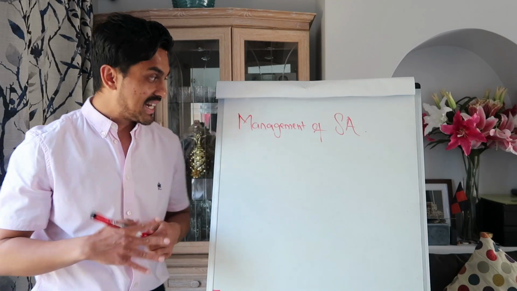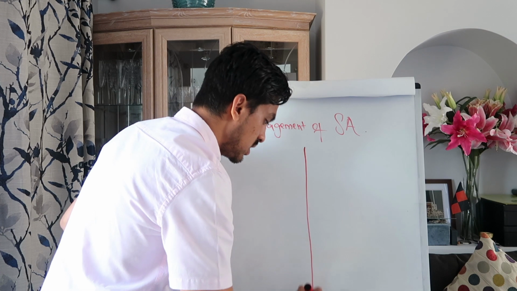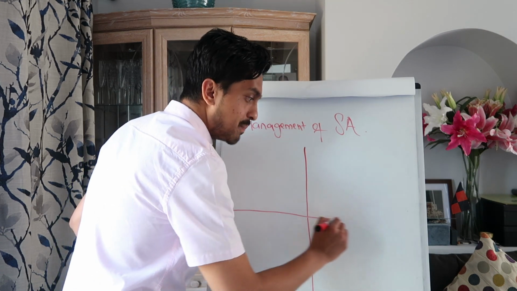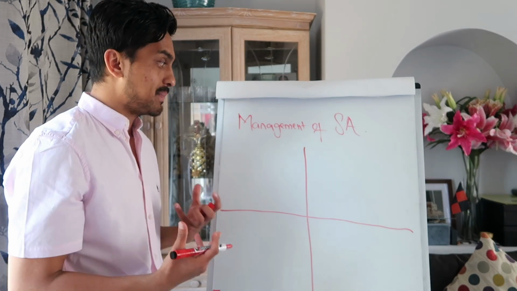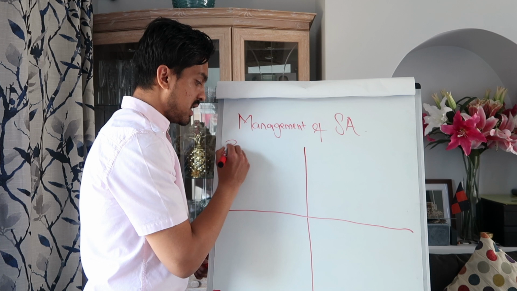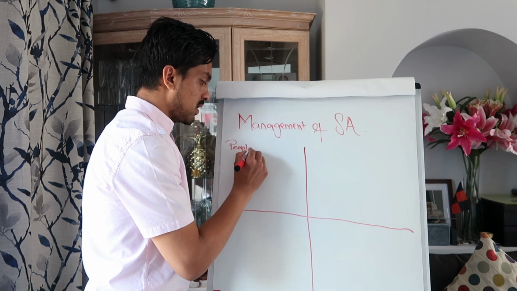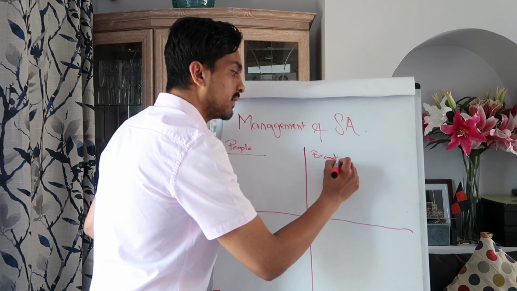With that all being said, let's crack on and create a quadrant, which again, in one of the business plan videos I've done, I've shown how to create a quick business plan for your service accommodation business. The first thing I cover is your people. We then have your branding and marketing.